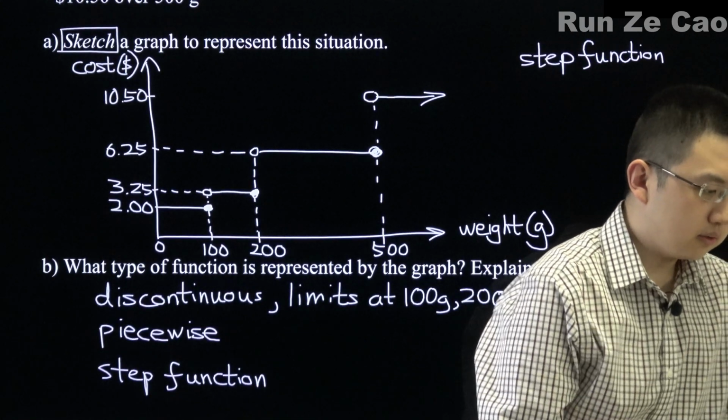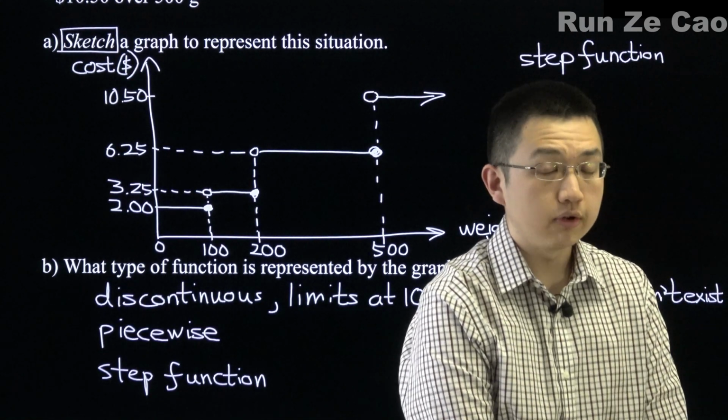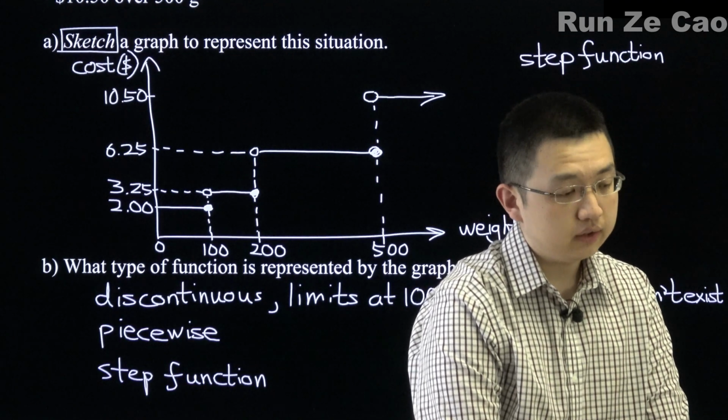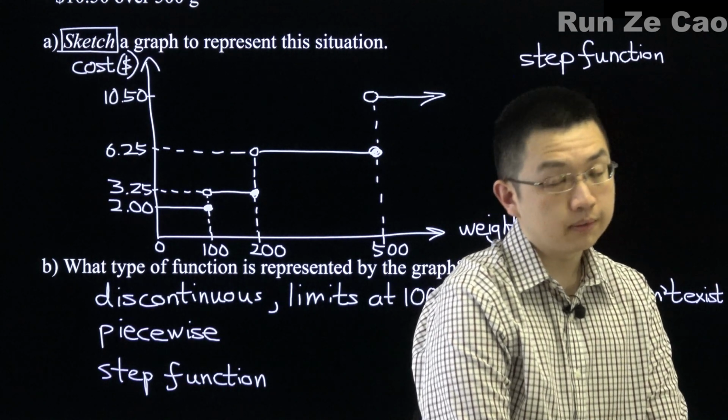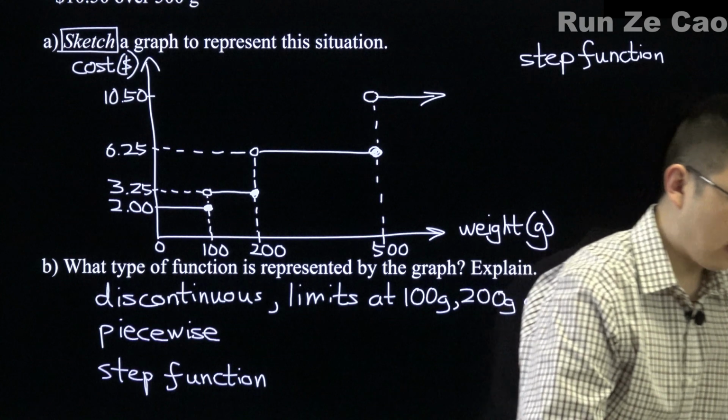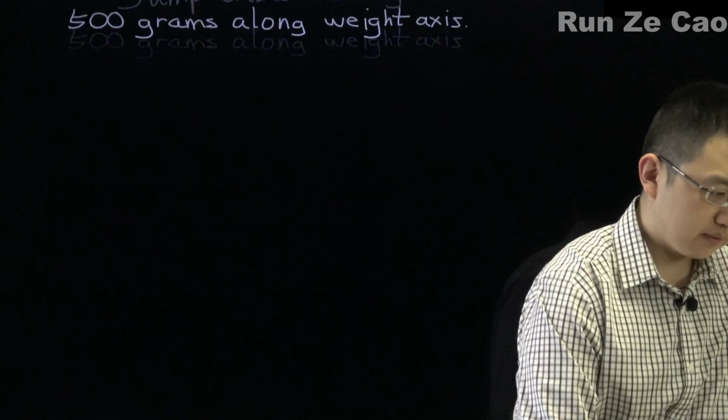Because we didn't say, oh, let this be the W axis. Or we would have written W equals 100, W equals 200, W equals 500. What other types of discontinuity could we have had?